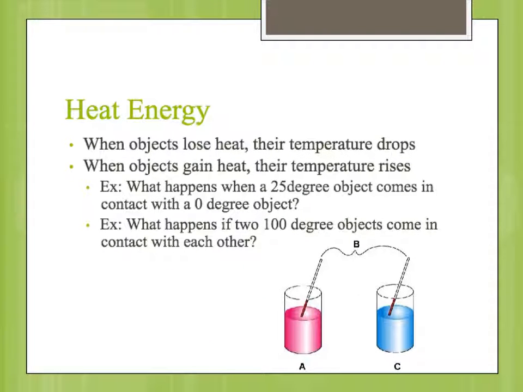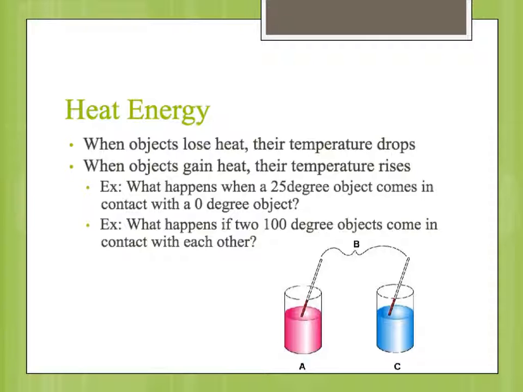Okay, so hopefully it's a little obvious, but if not, we're just going to go over it. So when objects lose heat, their temperature is going to drop. Similarly, when an object gains heat, its temperature rises. So when you lose heat, you are transferring heat away from the object.